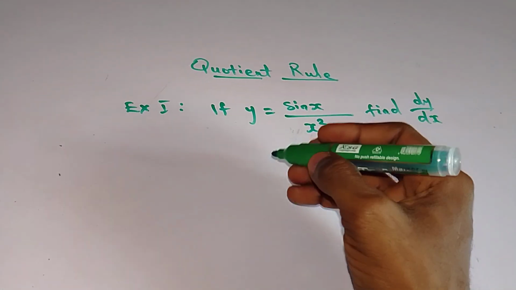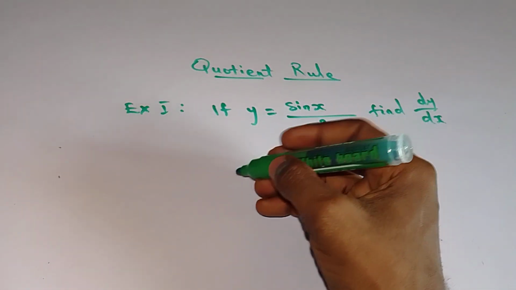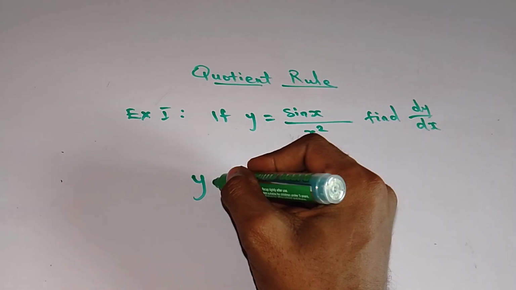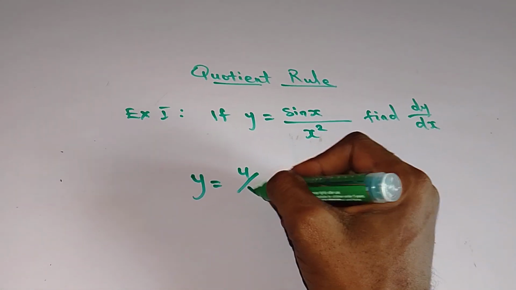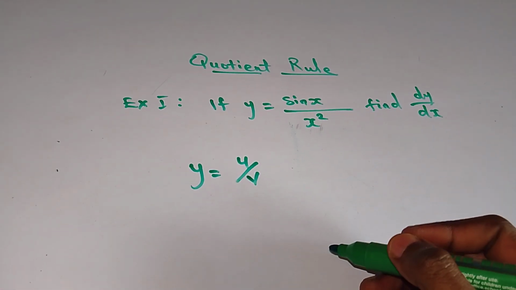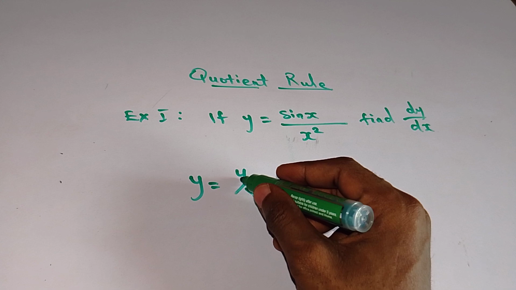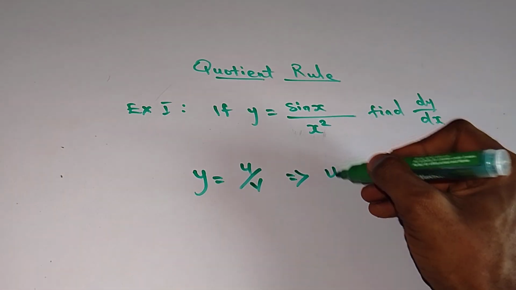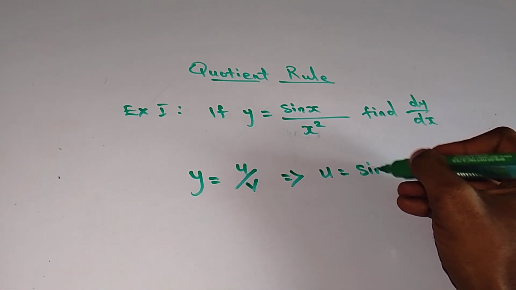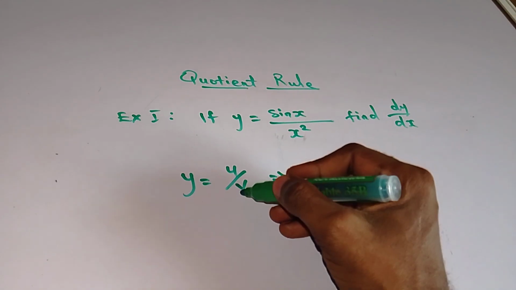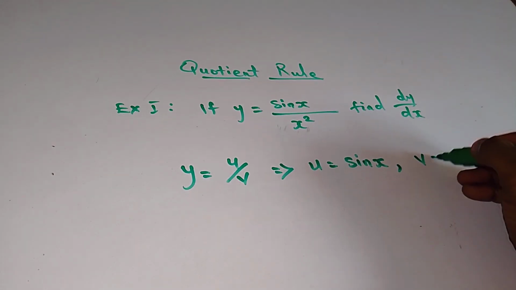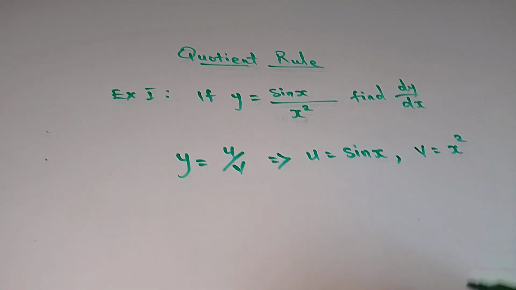So now what you need to do is recall that y is equal to u all over v. That's quotient, right? So at this point, we are going to take u to be the numerator. So we can say that u is equal to sine x and v is the denominator, which is equal to x square.